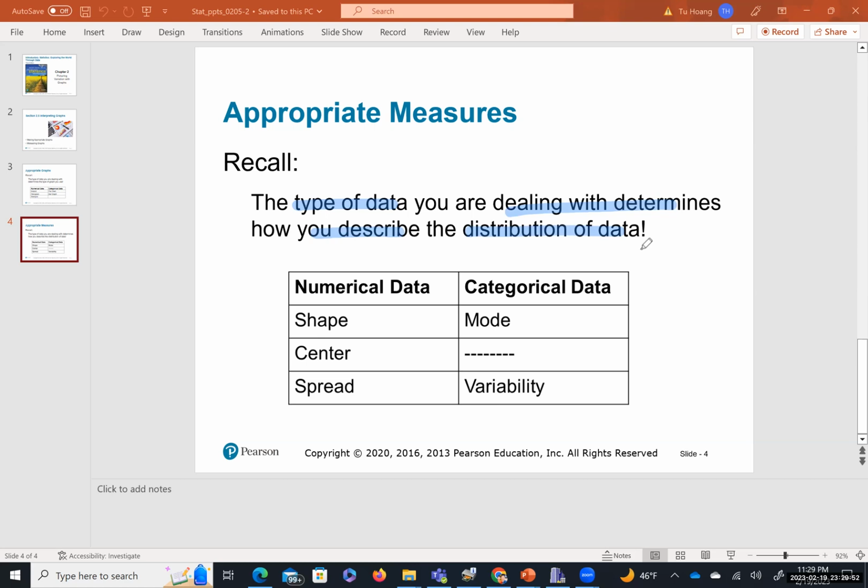And again, for numerical data, you are using the shape, center, and spread. For categorical data, you should just use mode and variability to handle that. All right. Okay, so I'm going to stop 2.5 here, and chapter 2 is finished.